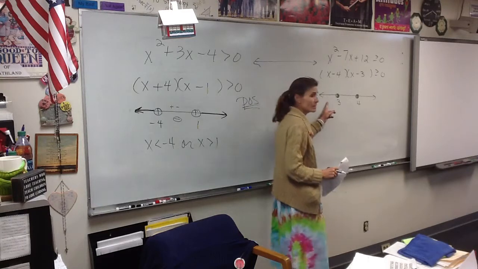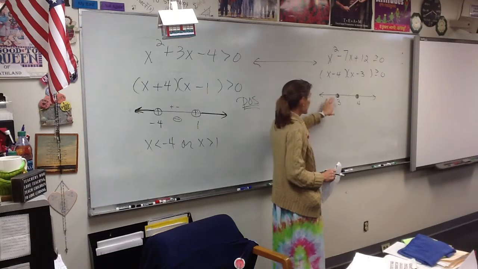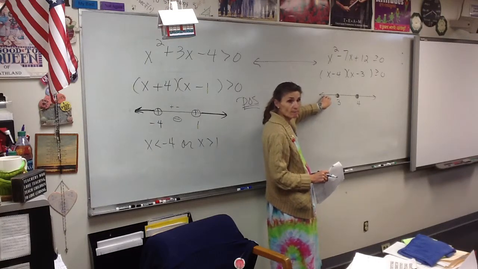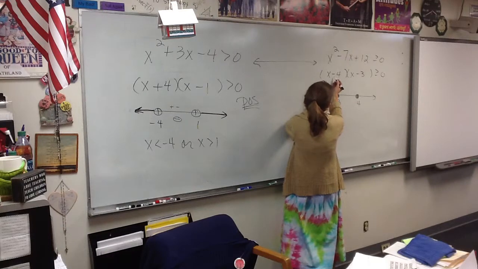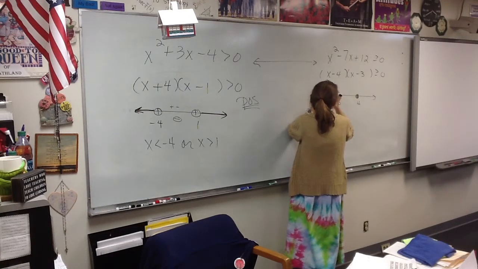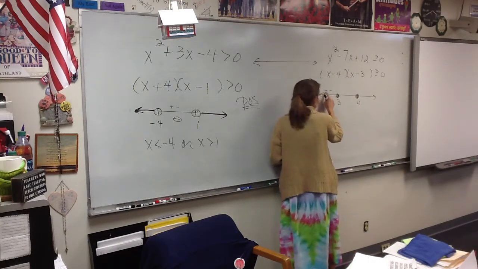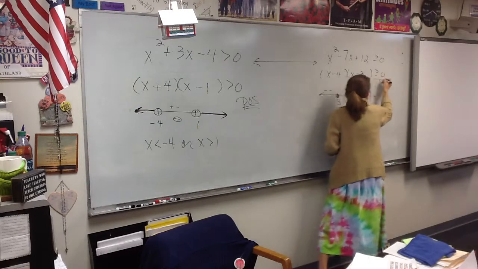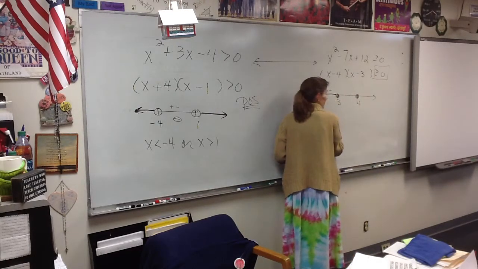Can I use 0 again? 0 is such a handy number to use. Can I use it again? Yeah, as long as I recognize 0's out here this time, right? So if I put 0 in, what am I going to have? A negative times a negative. If I put 0 in, does negative times negative work for me? Yes. So this works.